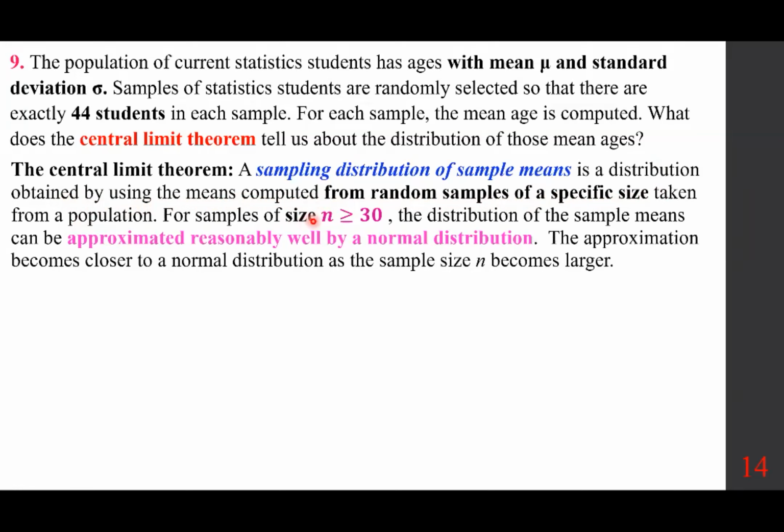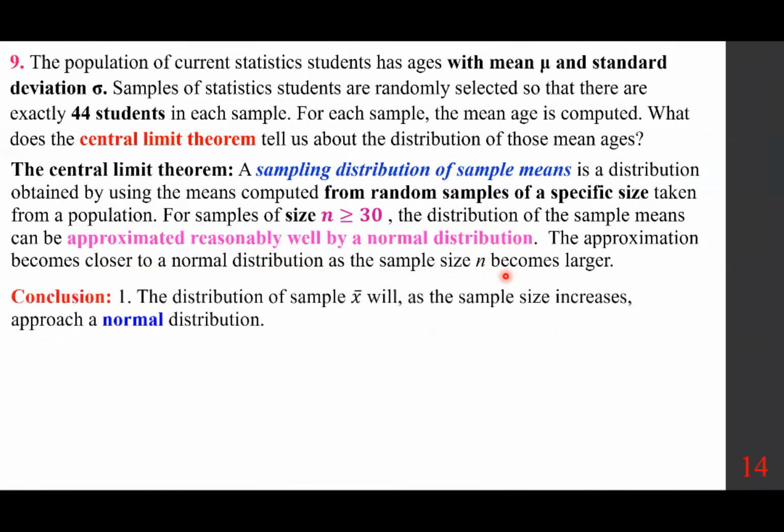For samples of size n larger than or equal to 30, the distribution of the sample means can be approximated reasonably well by a normal distribution. The approximation becomes closer to a normal distribution as the sample size n becomes larger and larger. So the conclusion one, the distribution of sample X bar will, as the sample size increases, approach a normal distribution.